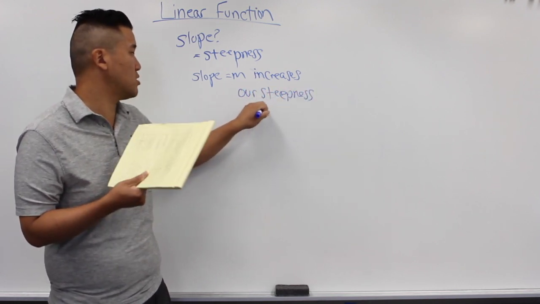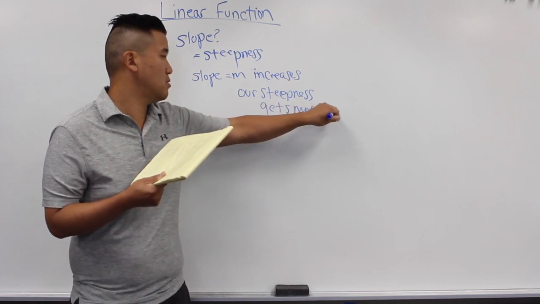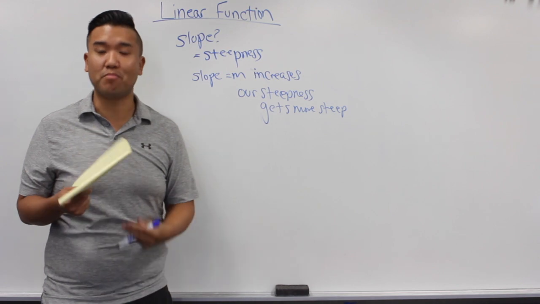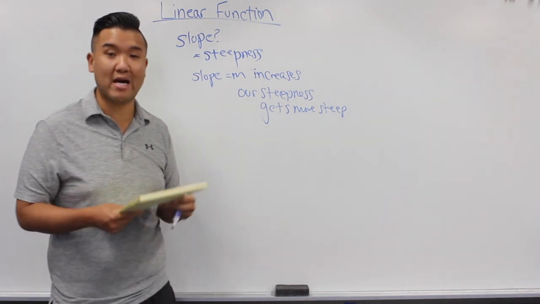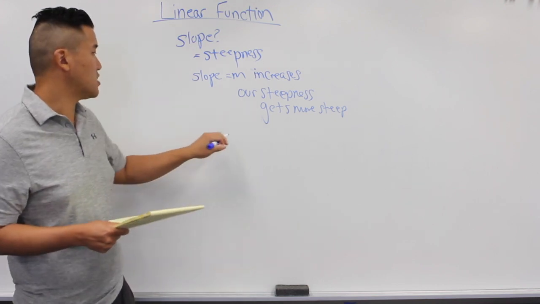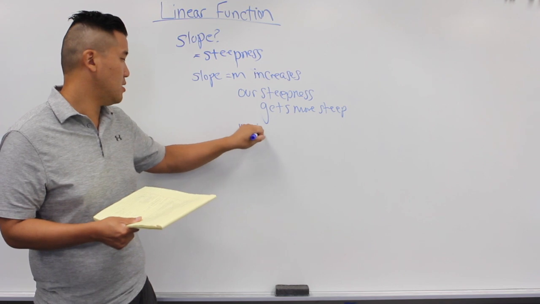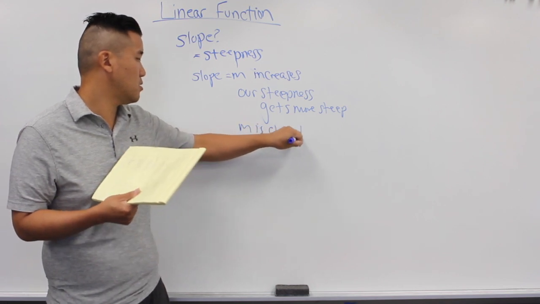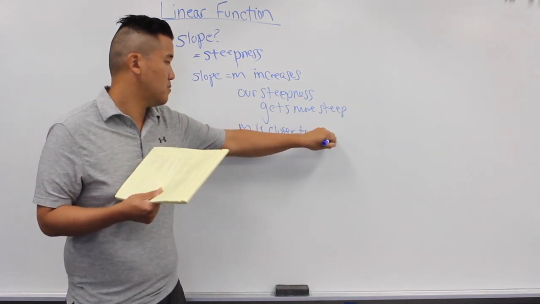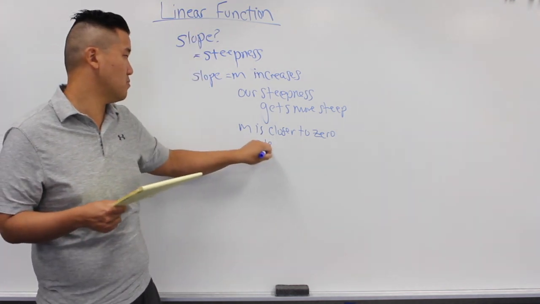Our steepness gets more steep. Think of a black diamond for those who snowboard. A black diamond would be a very high slope. If the slope is closer to 0, so m is closer to 0, our steepness actually gets less steep.